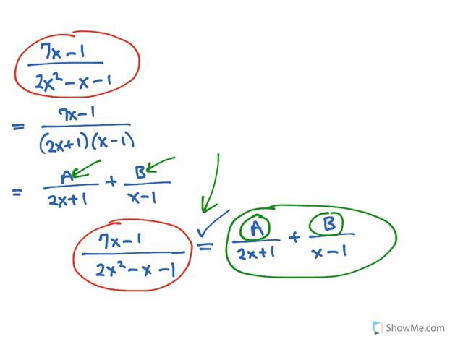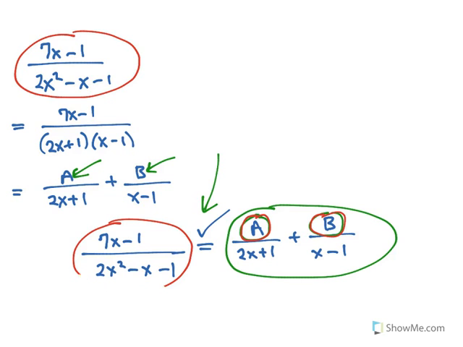In other words, the two sides will be equal for any value of x when you have the proper values for A and B. So the way you will find A and B is by assuming that you have an identity and working backwards to find the values of A and B. So if we assume that we have an identity, what that means is you can substitute anything for x and the two sides should be equal.